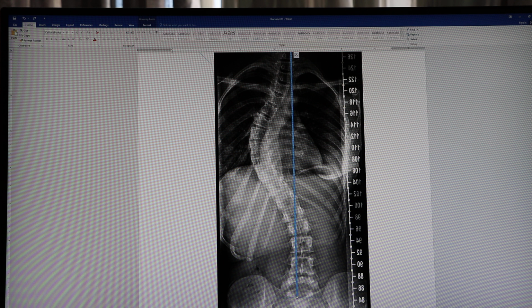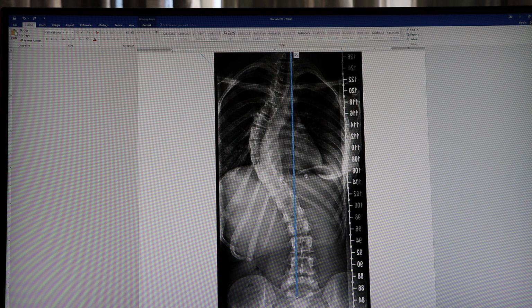Is it sagittal or is it coronal? In general, these are the most important criteria for now that you'll have to identify in your image.